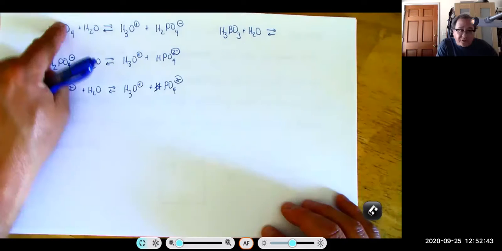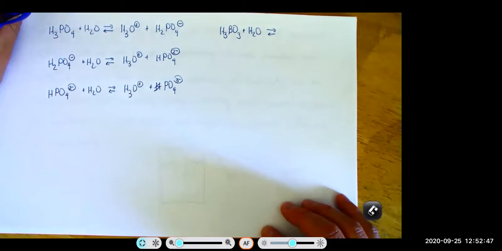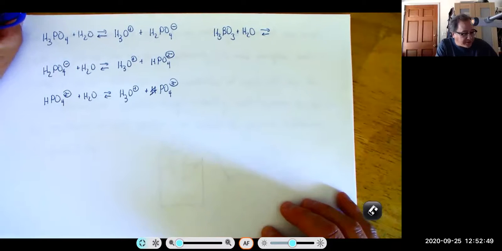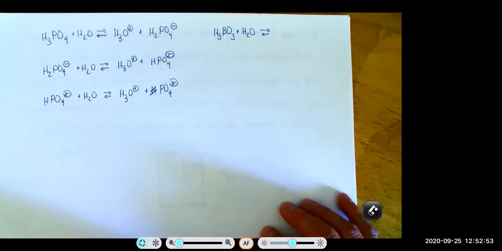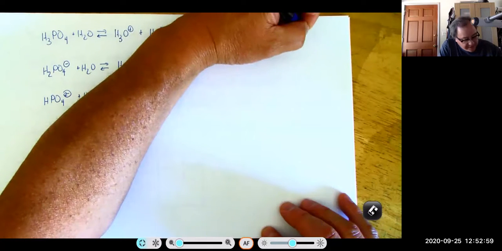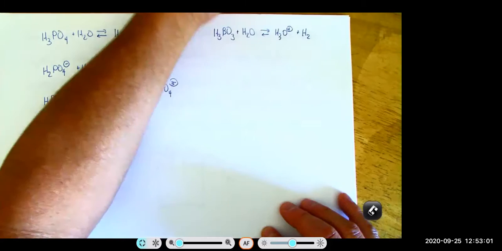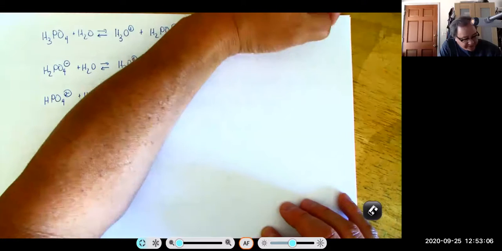These are the 3 reactions for phosphoric acid. Right? Let's look at the 3 reactions for boric acid. So it's going to react with H2O. What's one of the products for sure? Well, would it be H3O plus and H2? Keep going. H2, what is it? BO3 minus? Yes.